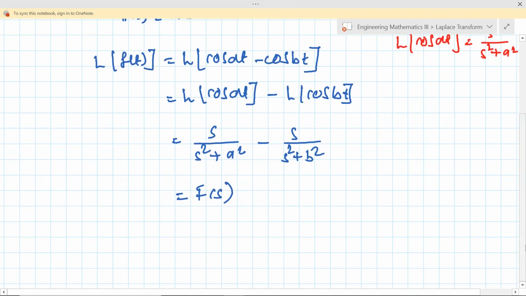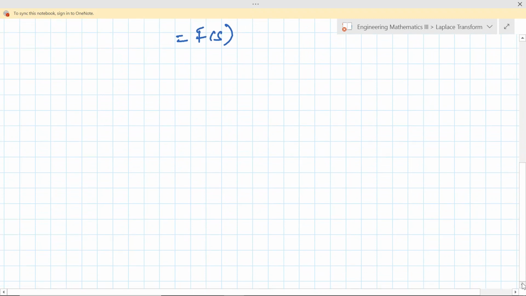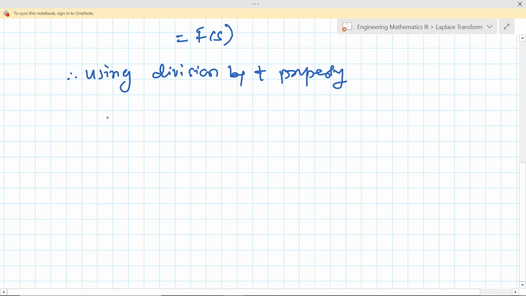Therefore, if we want the Laplace of the original function from the example, using the division by t property, what we have?